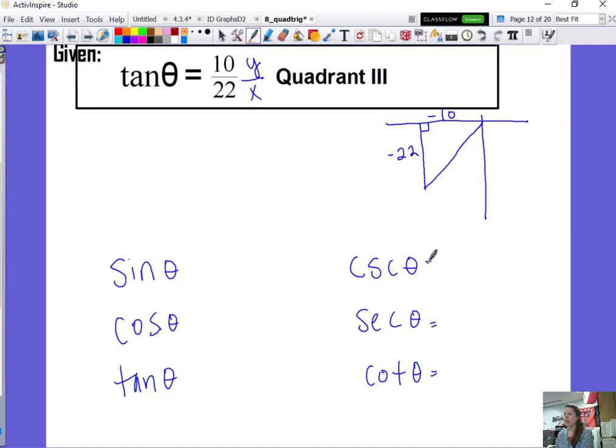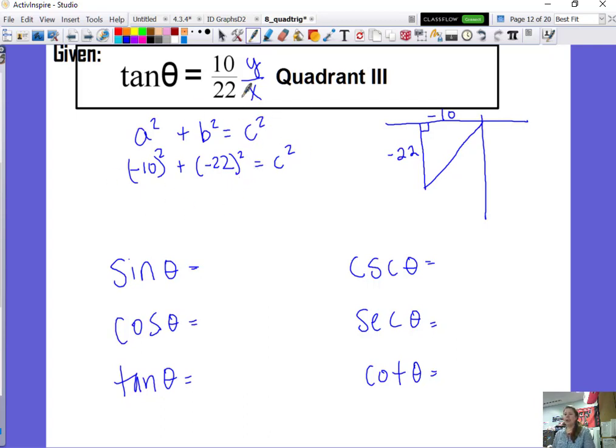Okay, you can write the fractions and the decimals just like we did on the last problem. But first, you'll need to find this side. So remember, a squared plus b squared equals c squared. And so this would be negative 10 squared plus negative 22, don't forget your parentheses, equals c squared.